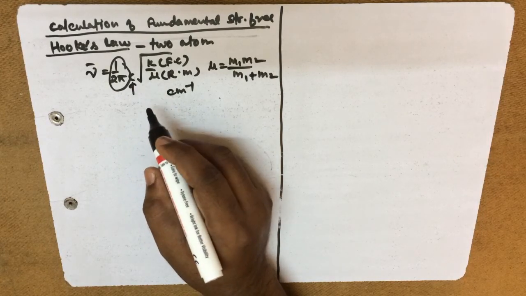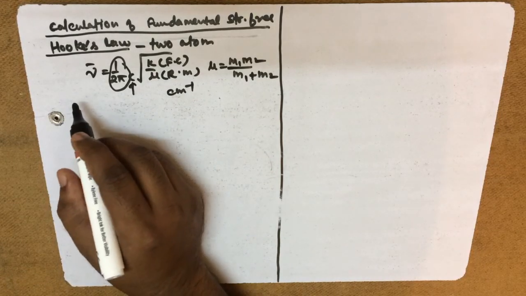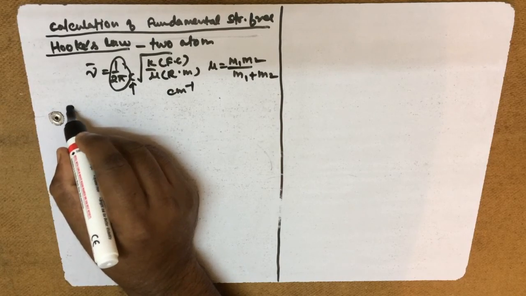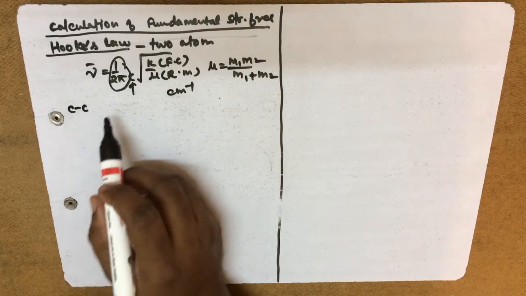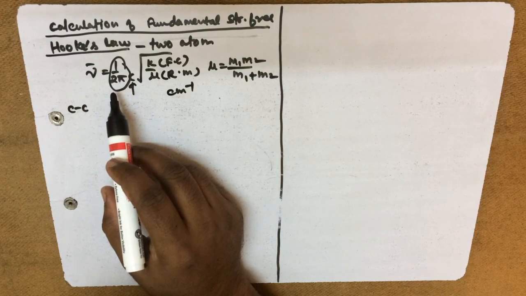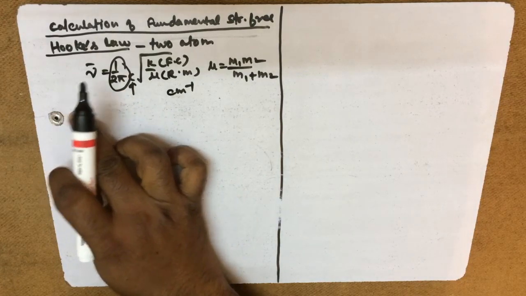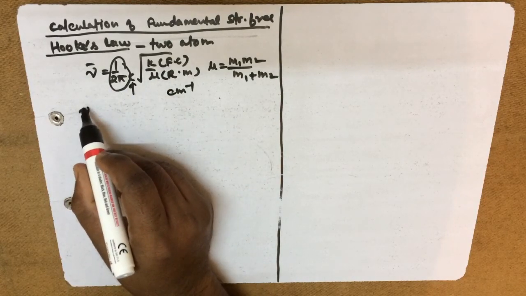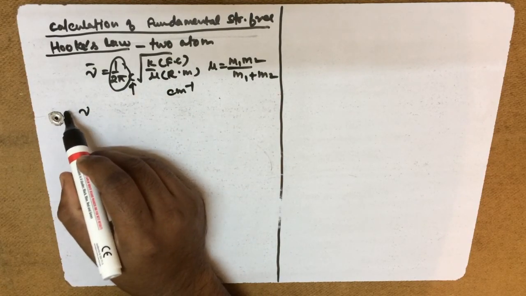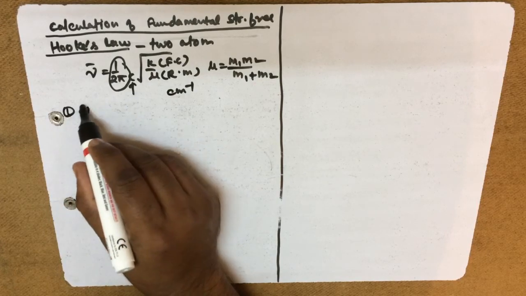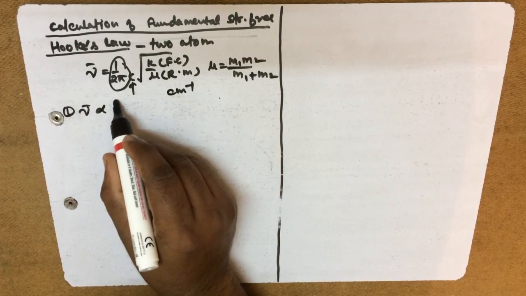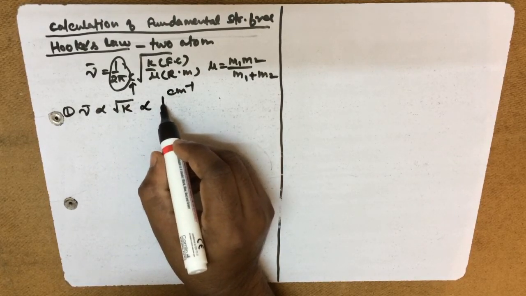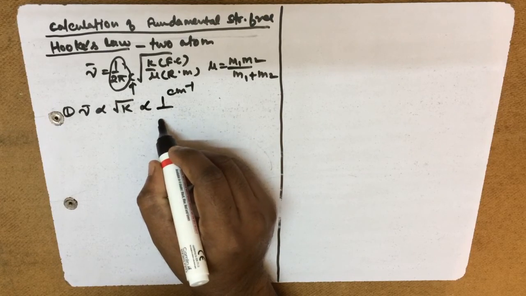So if we generalize this Hooke's law, the stretching frequency is proportional to the square root of the force constant and inversely proportional to the reduced mass.